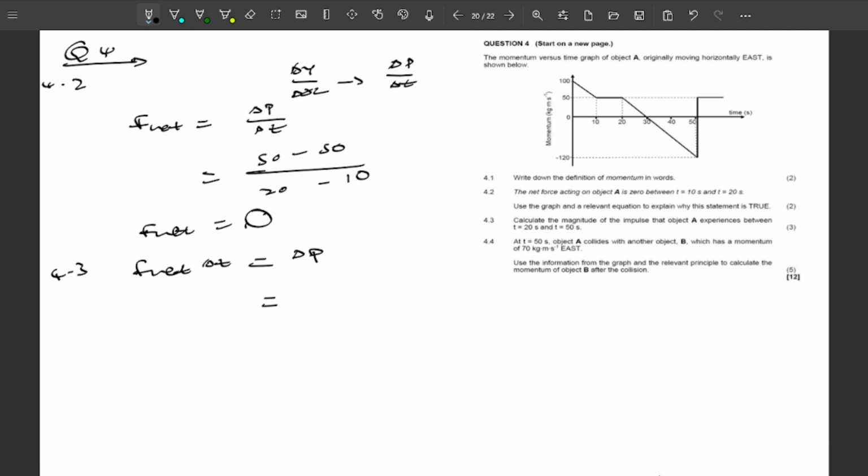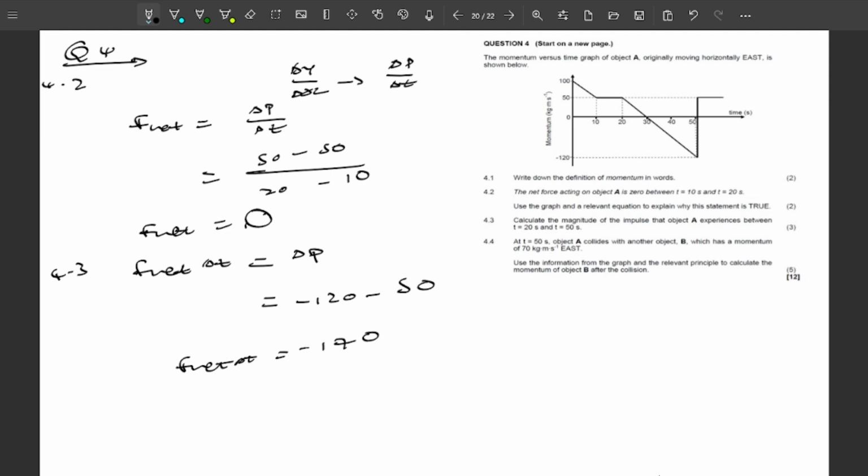Good. So they want us to find from T20 and T50. So we're going to say the change, final minus initial. So the final is what? It's minus 120 minus 50. Right? This is the momentum. And your answer, they said they want what? Calculate the magnitude of the impulse. Your answer is F net change in t, 170.